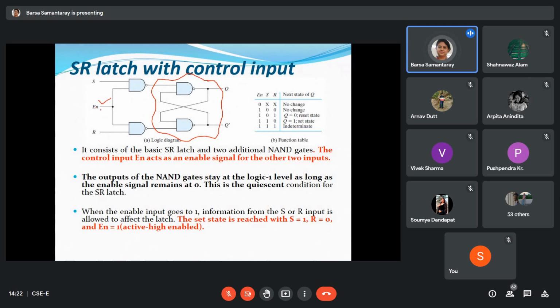So how is this clock signal applied to the latch? This is the structure. कैसे होगा? और एक जो enable signal वो to a NAND gate the input is given. Okay, and this enable input to another NAND gate this input is given.